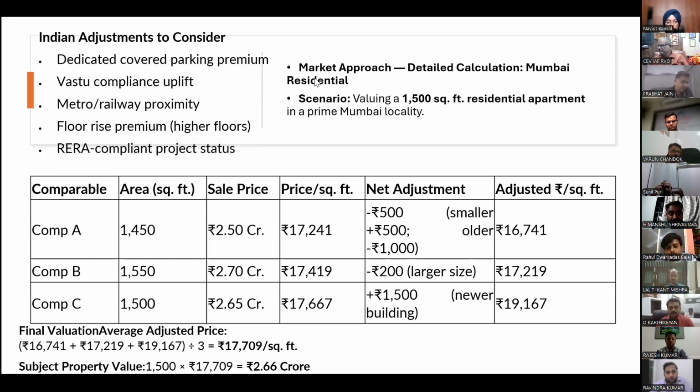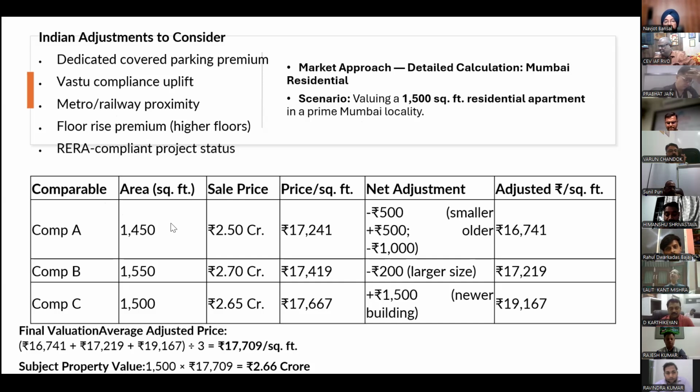So this is an example of how you can apply adjustment in the market approach. This is just a rough example. So many things you have to take into consideration. For example, in the market approach, we are valuing a 1500 square feet residential apartment in a prime locality. You have three comparables.